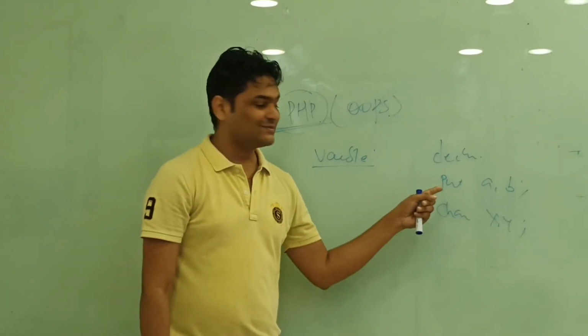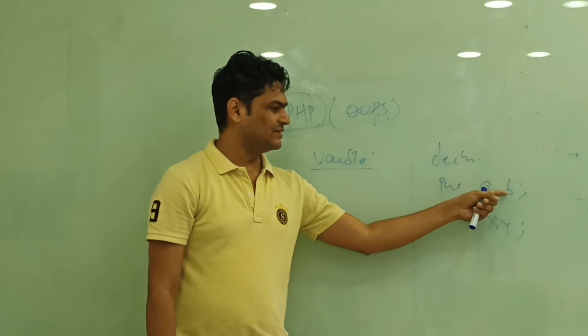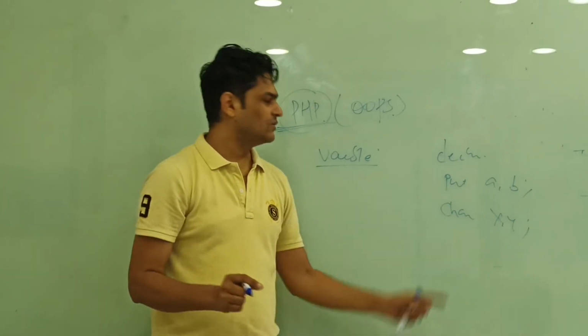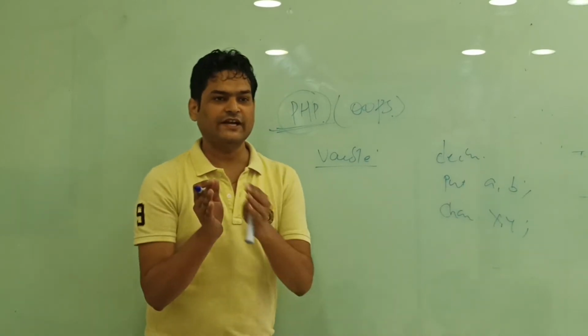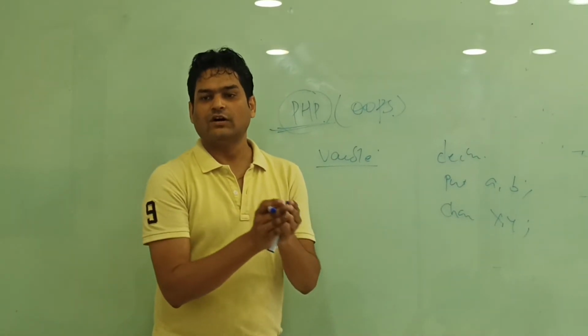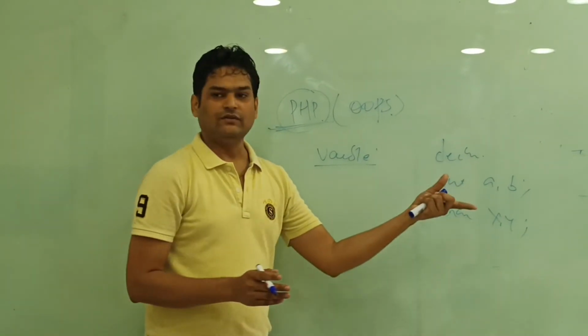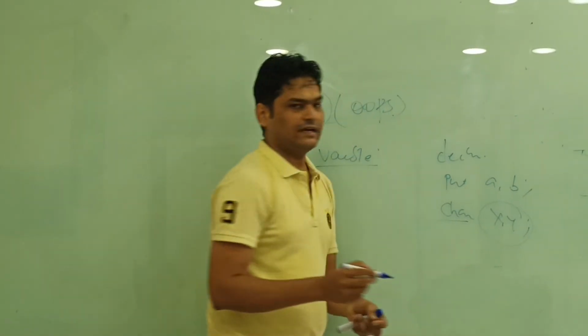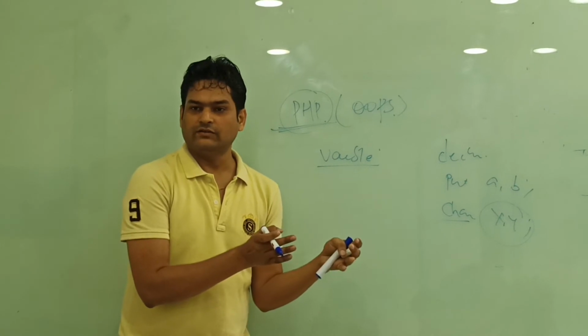If you have declared a and b as integers, it means you must always give an integer value to a and b. If you try to push some character or string value, it will say undefined. This is char, meaning x and y can only hold a character value.